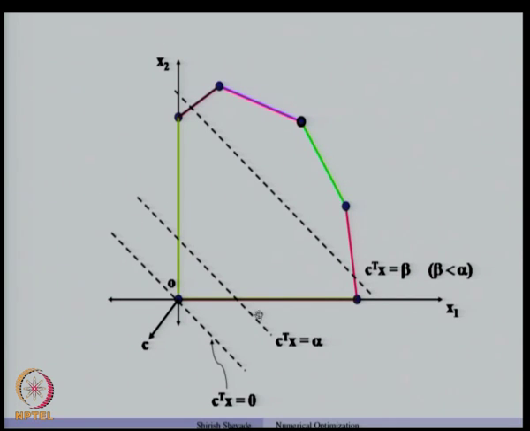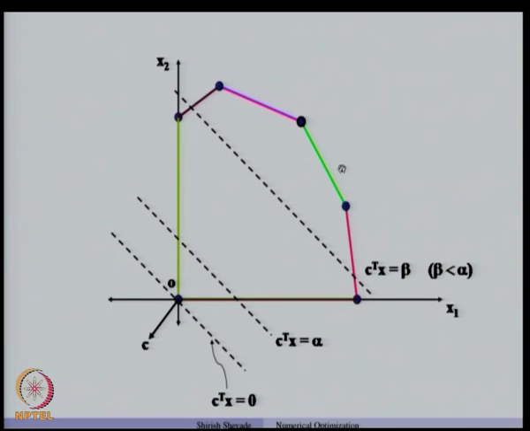So, here is a hyperplane which is parallel to the hyperplane C transpose X equal to 0. That means that the normal to the hyperplane is still C, but the intercepts on the axes are different. So, here is the equation of a hyperplane C transpose X equal to alpha and another hyperplane C transpose X equal to beta, and as we have indicated earlier, the objective function value decreases when we move along the minus C direction. So, obviously, beta will be less than alpha.